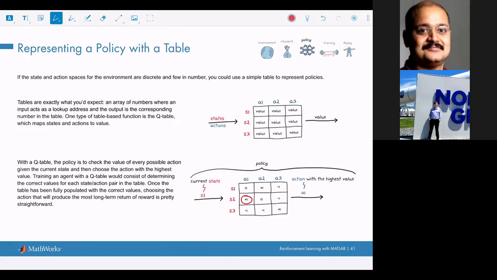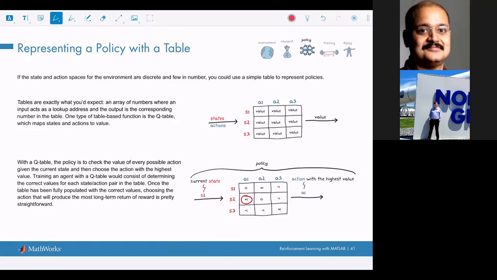Think of it as a lookup table wherein you have all possible states and all possible actions, and for a particular selection of action and state, you have a certain amount of value. And please note, this is not a static table.